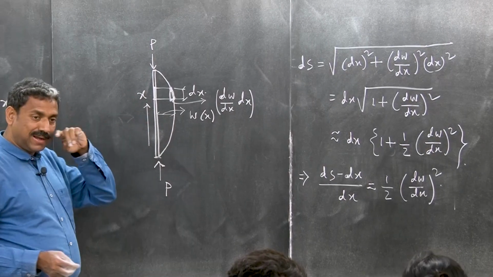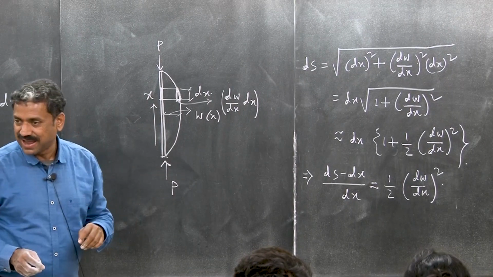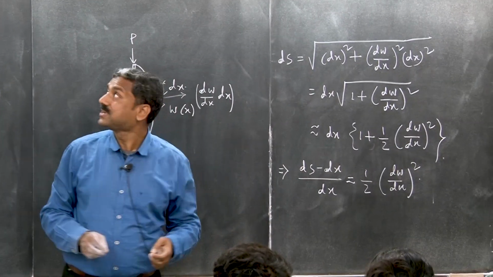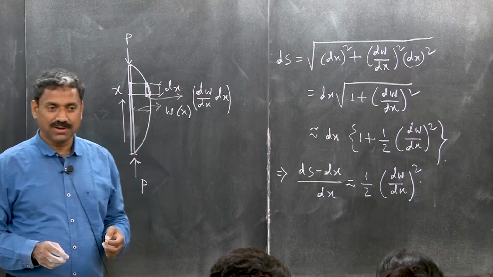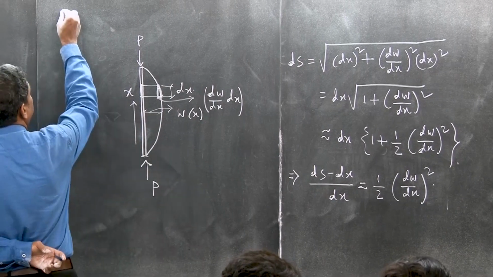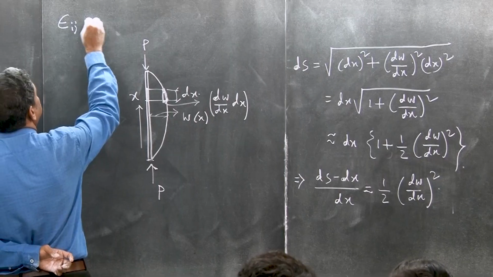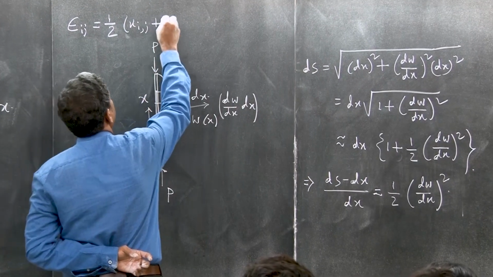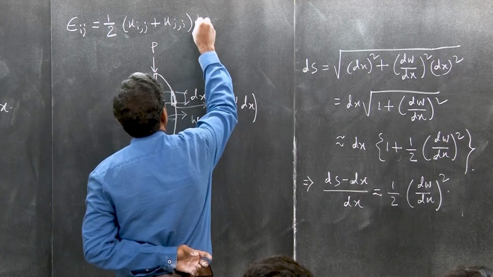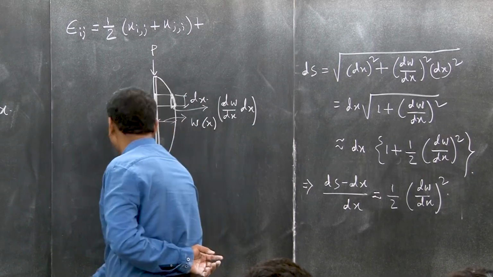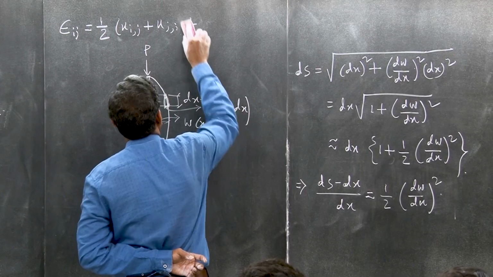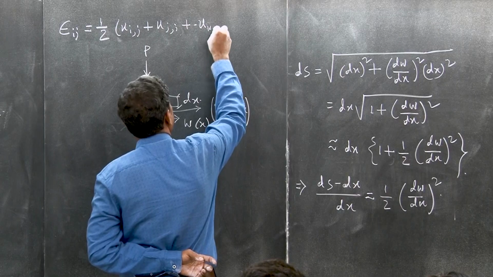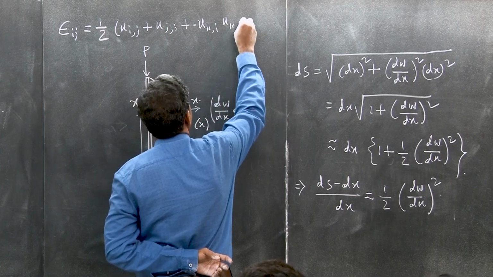So, out of plane deflection is causing axial strain. Which strain is this? This is nothing but the von Karman nonlinear strain, because if you can recall from your indicial notation, epsilon ij is half of u i comma j plus u j comma i plus u k comma i u k comma j.